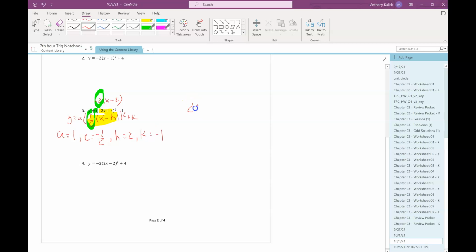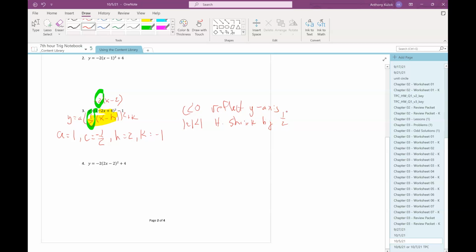Since C is negative, I'm going to have a reflection across the y-axis. And since the absolute value of C is less than 1, we have a horizontal shrink by 1/2.